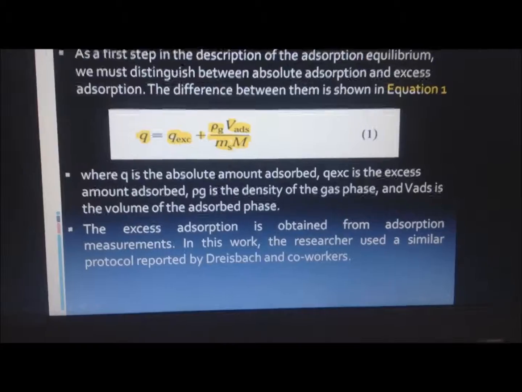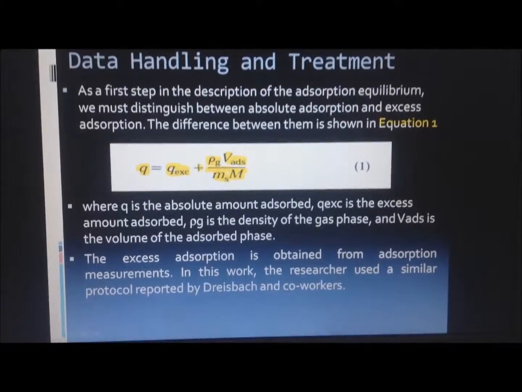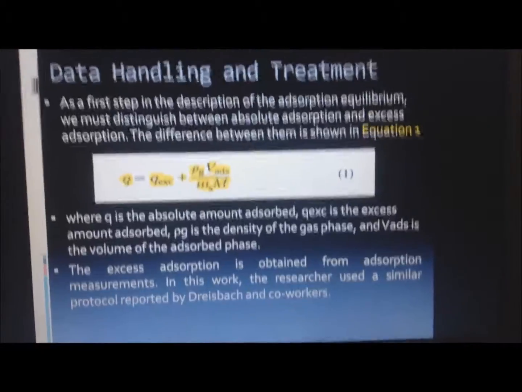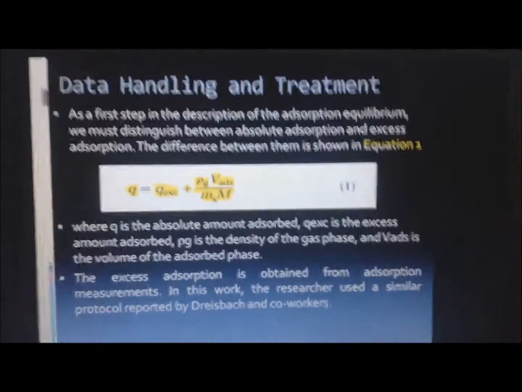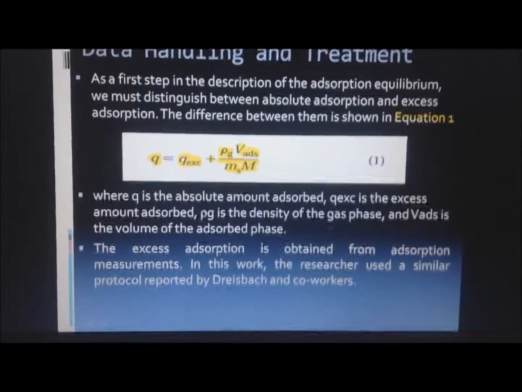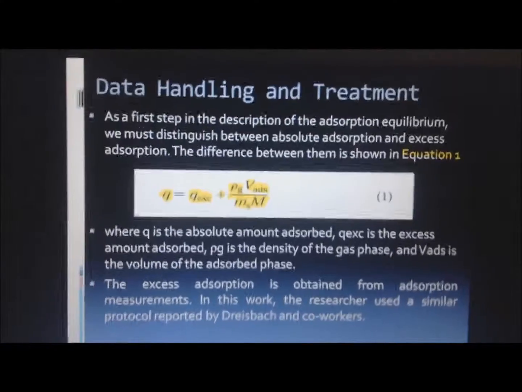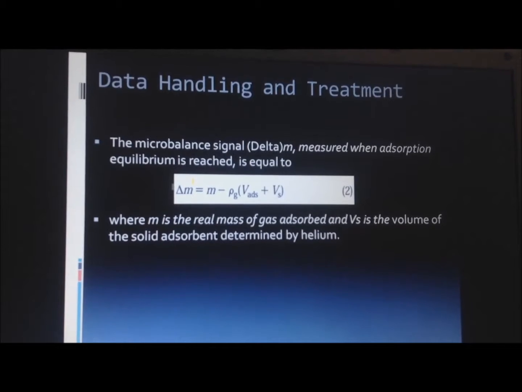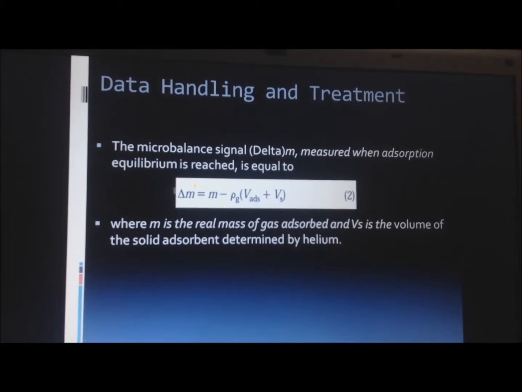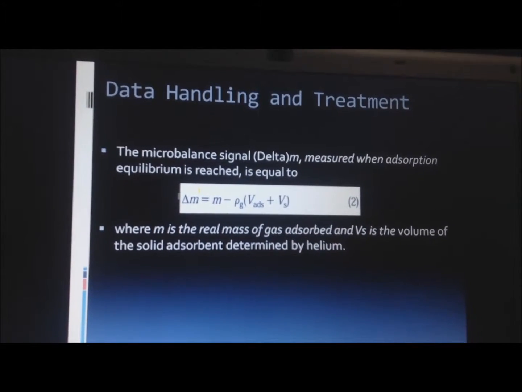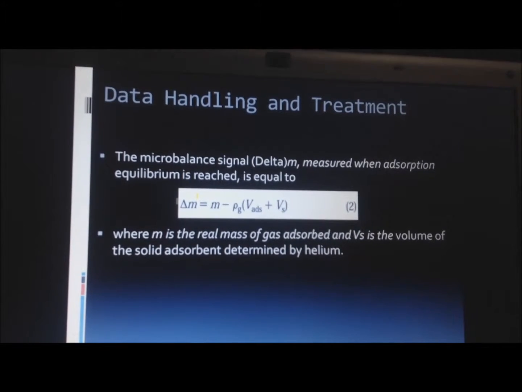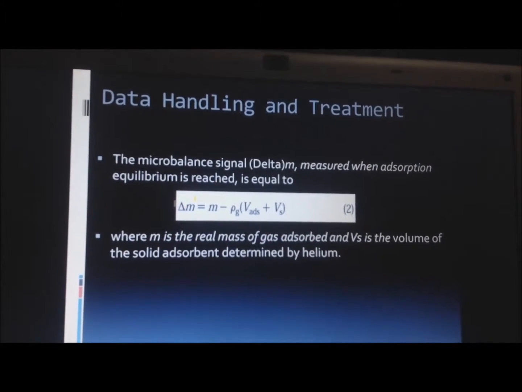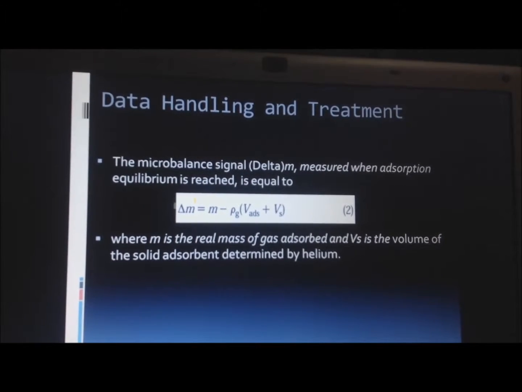The excess adsorption is obtained from the adsorption measurements. In this work, the researcher used a similar protocol reported by Dreisbach and co-workers. The microbalance signal is equal to the real mass of the gas minus the density of the gas times the volume of the adsorbed phase plus the volume of the solid adsorbent determined by helium.